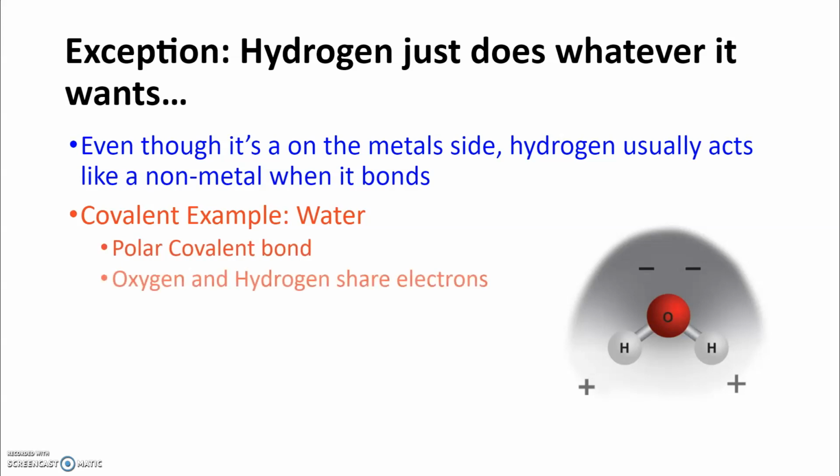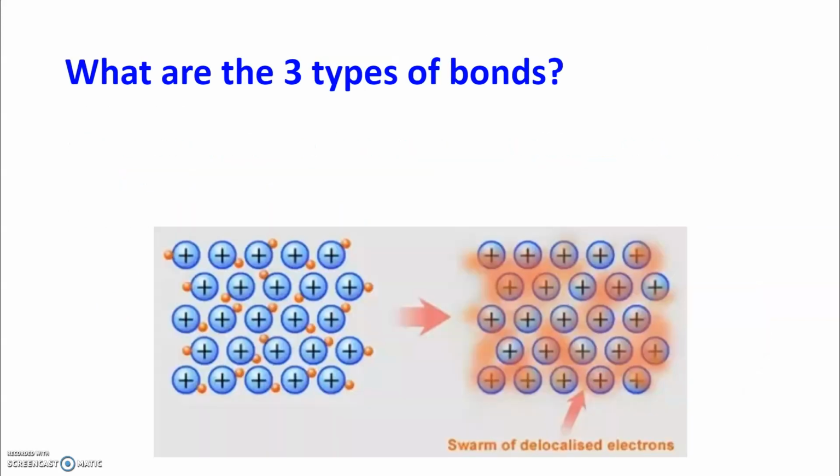We'll talk in detail about what that means. Oxygen and hydrogen are sharing electrons, and the oxygen can hold the electrons tighter than H because oxygen has a higher electronegativity, and that's what causes this molecule to be polar.